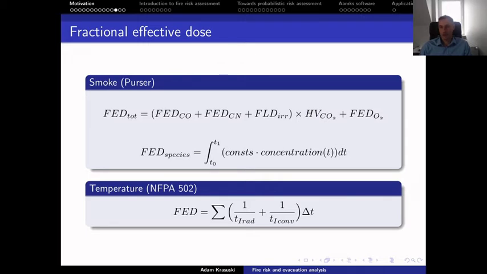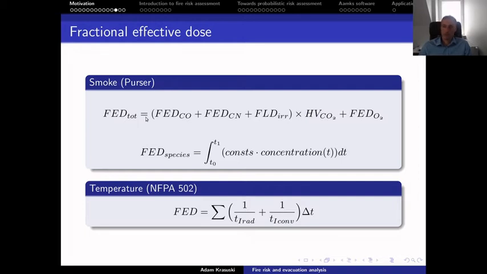And for each of these groups of effects, we have defined some measure of how to calculate how smoke, in the form of toxicants or temperature, can affect the people or evacuees. In the case of smoke, we have an equation defined by Purser.